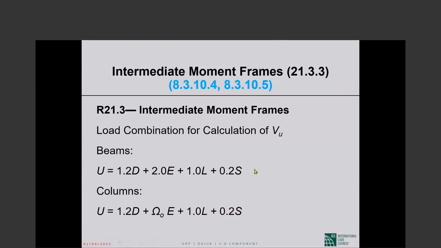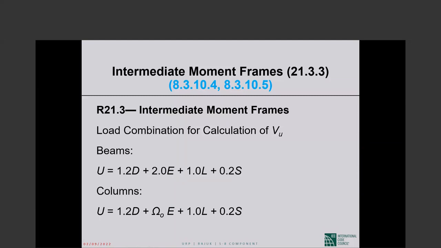Now, in the case of beams, what we can do in shear design is to design the beam for twice the earthquake shear that our analysis says develops in the beam.